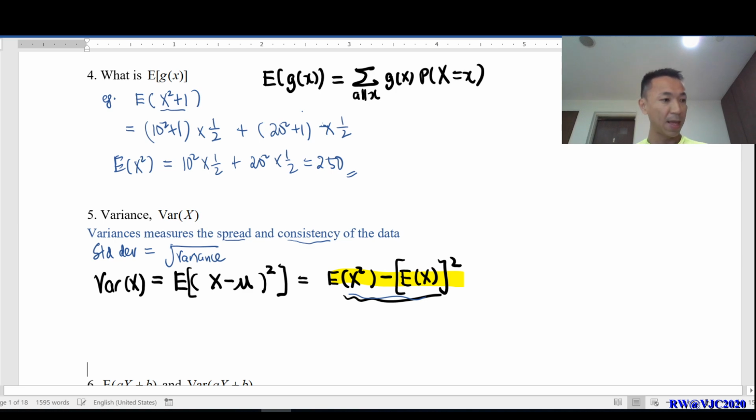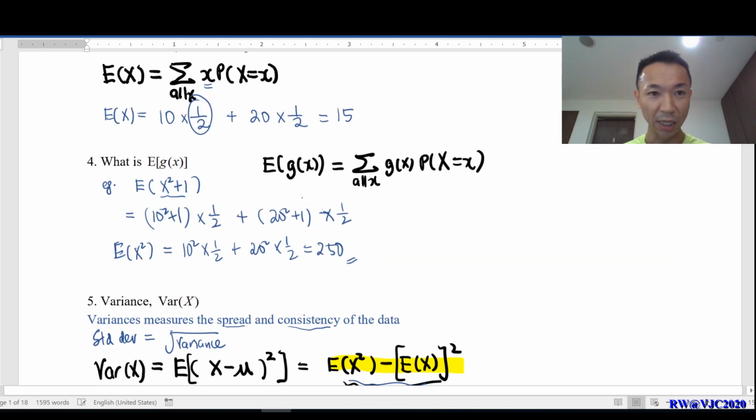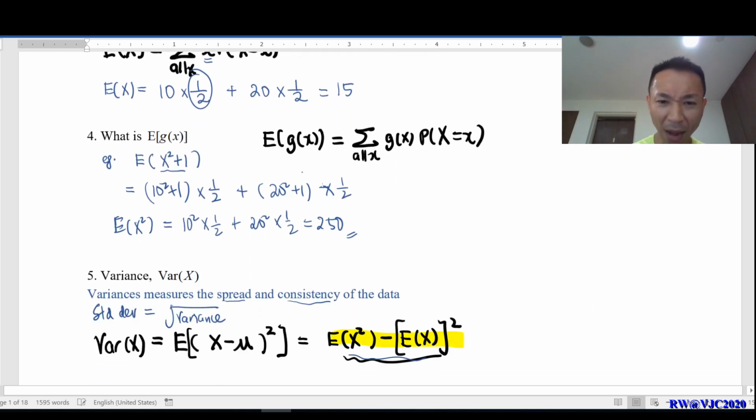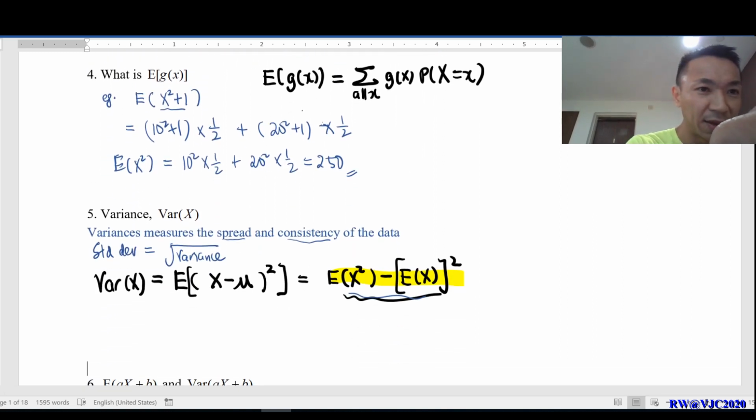So, let's attempt to calculate. It's not difficult to calculate now. For this experiment we talked about, which is the toss of the fair coin, one side 10, one side 20, yes? Then if we apply this formula, it's not difficult.